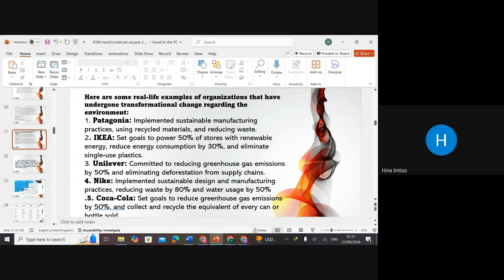They have raw material which you can give and you can test. And then Patagonia conducts environmental assessments regularly.